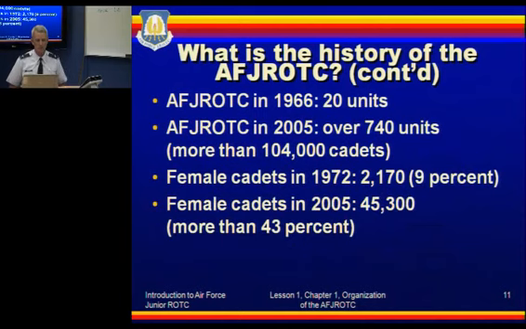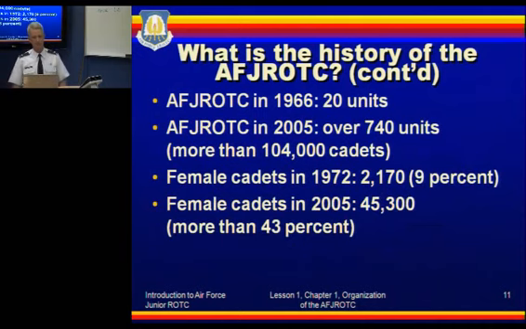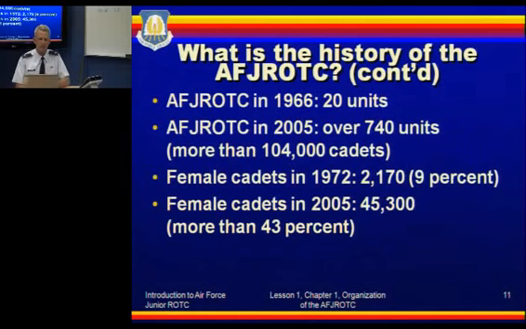Junior ROTC Air Force started off with 20 units in 1966. And you know what? I'm not 100% sure where those original 20 units were. Maybe somebody out on the internet can tell me that. Right now, in 2010 or 11, recently, I know that we're over 110,000 cadets.